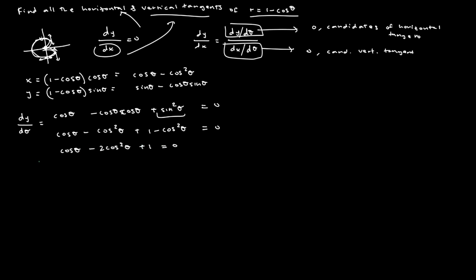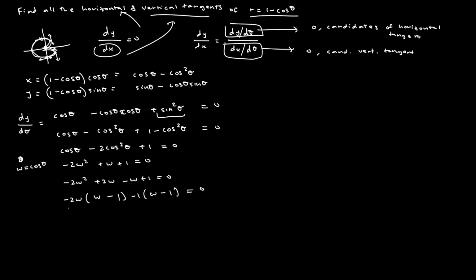One way to see that more clearly is if I let w be equal to cosine theta, then I get minus 2w squared plus w plus 1 is equal to 0. I can factor this as minus 2w squared plus 2w minus w plus 1 is equal to 0. And that simplifies to minus 2w times w minus 1, minus 1 times w minus 1, is equal to 0.